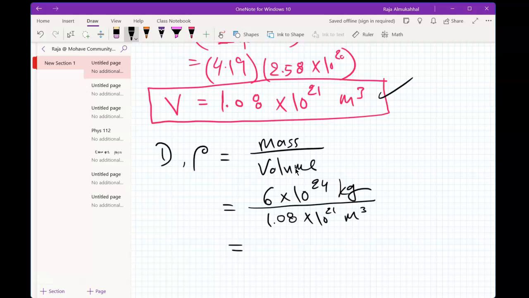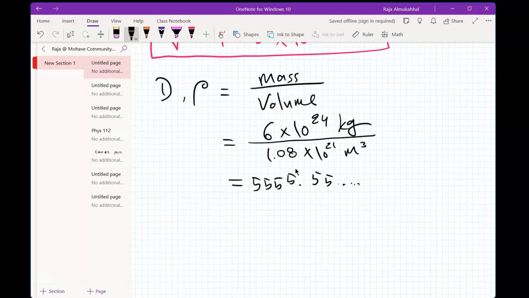If I did it correctly, I get 5555.55, forever. I want to write it in scientific notation. Since it's only a 4-digit number, it probably looks cute, so you can keep it the way it is if you want to. Maybe 5556 kilogram per meter cube. That'd be a cool result.